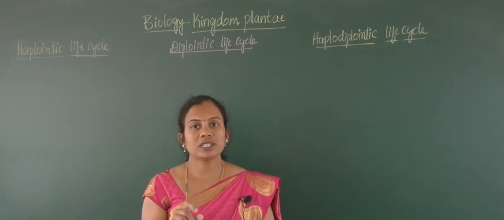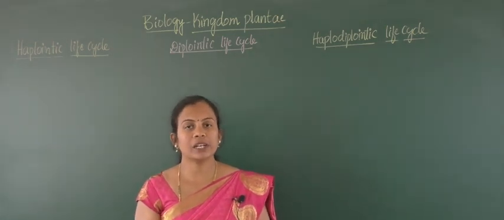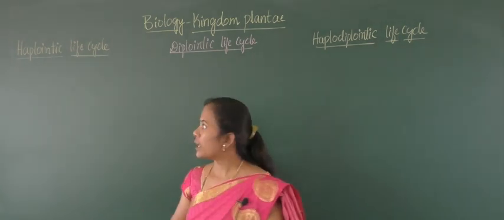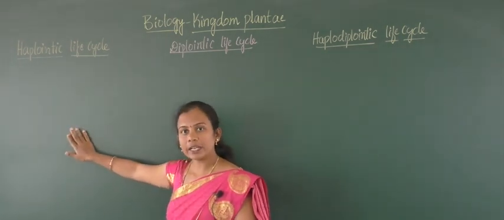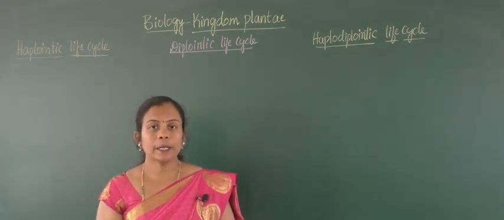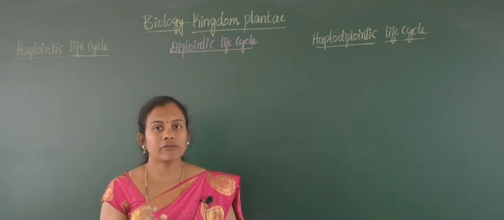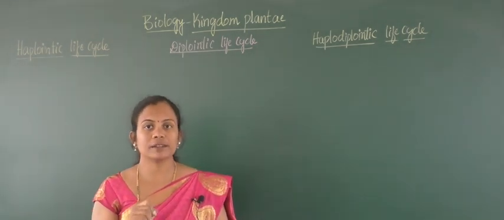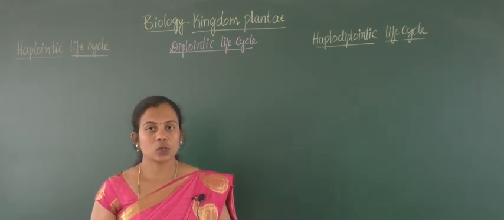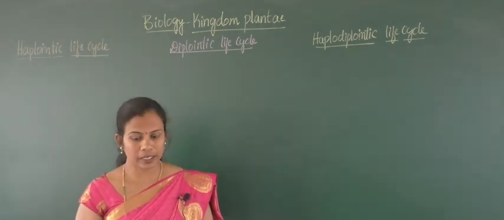A dominant phase is sporophytic and a very short period is gametophytic. On this basis we will take up the first one, the haplontic life cycle, where the majority of the lifespan of the plant body is in the haploid stage, n condition, and a very short period is diploid, the 2n condition.